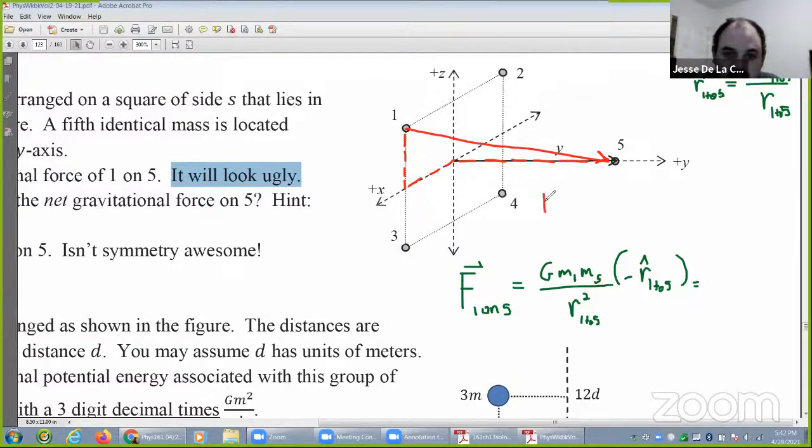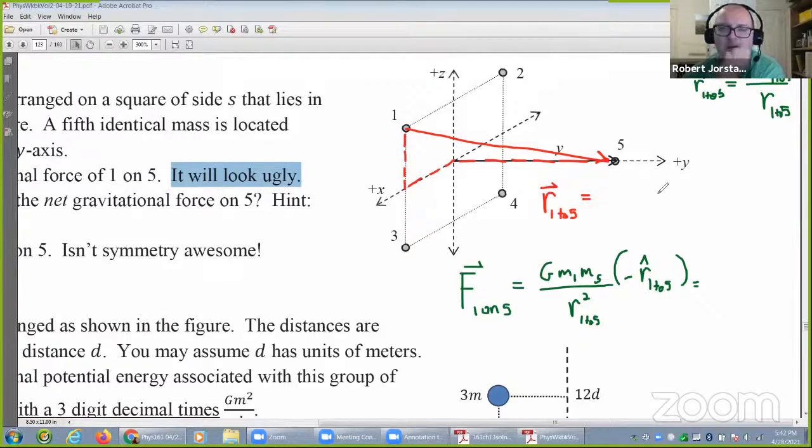Take your time. So it's going R from 1 to 5. Take a look at the exponent. So it's going to be S in the Z hat, S in the X hat, and then Y for the Y hat.